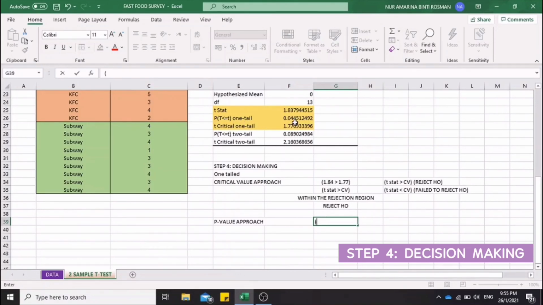That is the p-value. So sigma, like I said before, is 0.05, bigger than 0.04. Sigma is bigger than p-value.